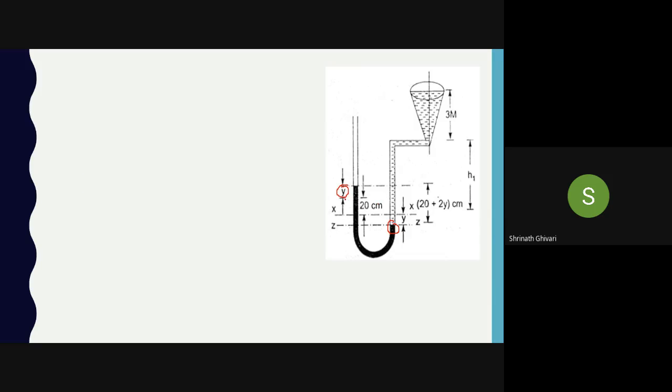The level was 20 centimeter from here to here at first. Now it is Y, from this point to this point it is the new level. So this is the H2 now, from this end to this end.